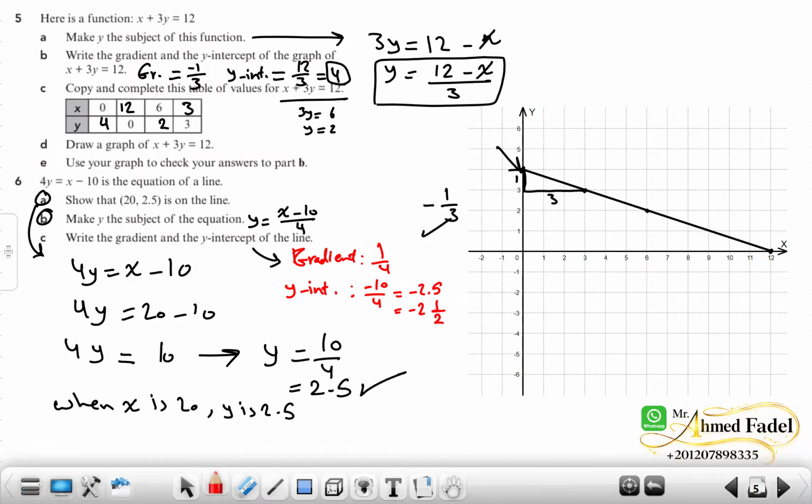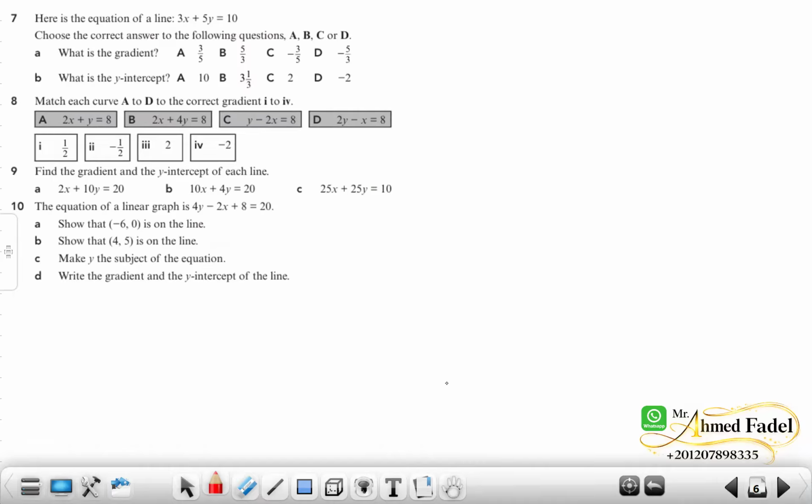Okay? Let's continue. Here is the equation of a line, 3x plus 5y equals 10. Choose the correct answer to the following questions. What is the gradient? The gradient of this, I cannot do it right away. I have to make y the subject. So I'm going to say 5y equals 10 minus 3x.